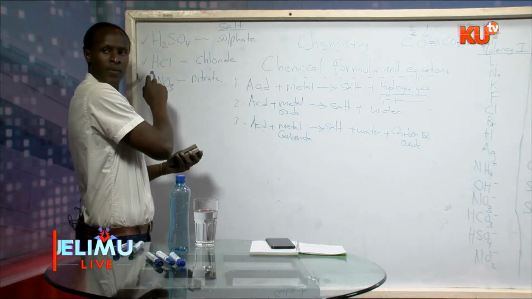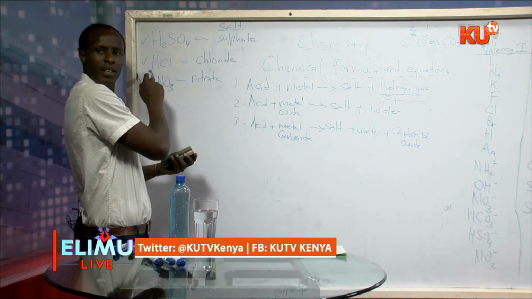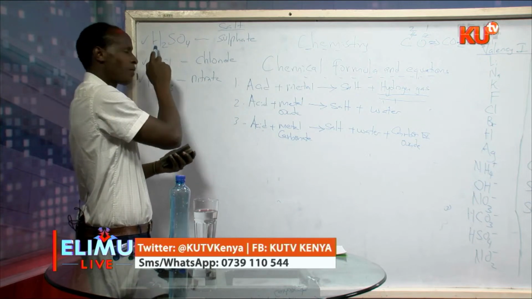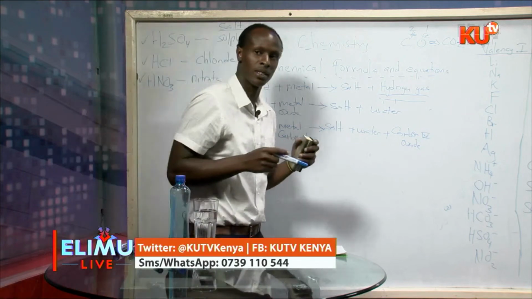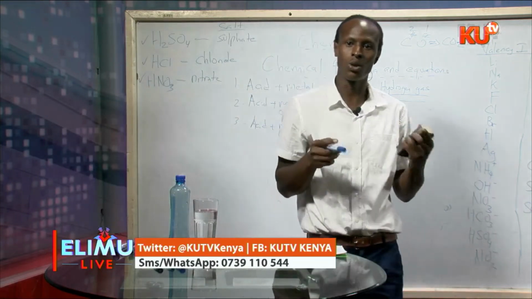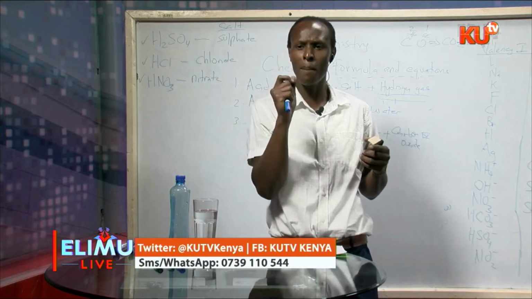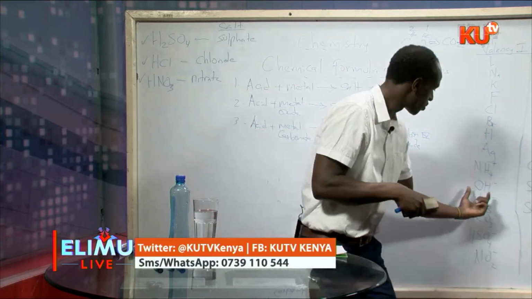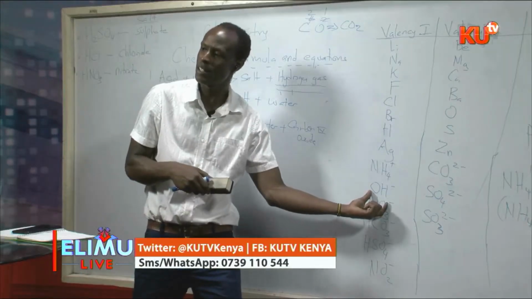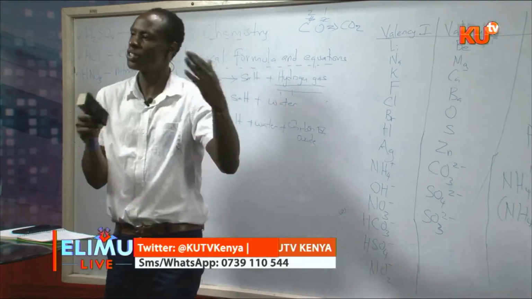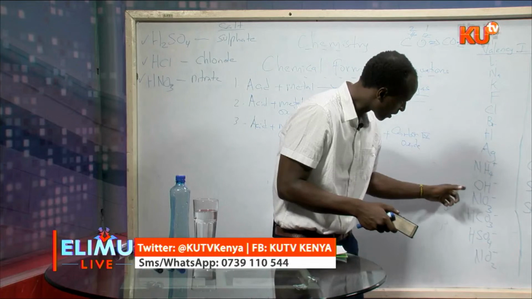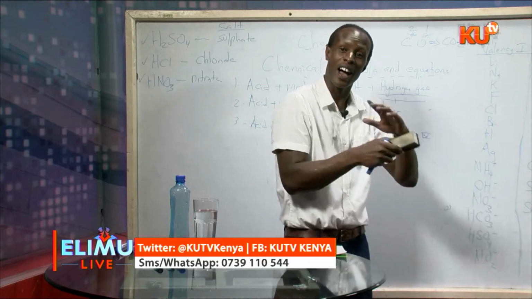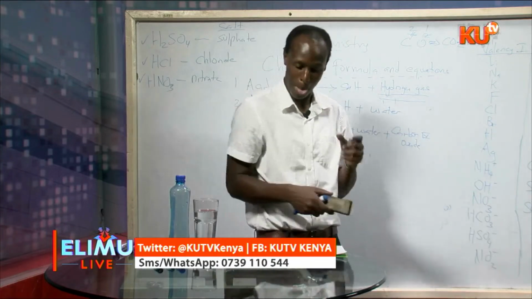For something to be classified as an acid, it must have the element H, hydrogen, like H2SO4. Same thing with bases or alkaline solutions. For anything to be a base, it must have the hydroxide ion, OH. Calcium hydroxide is a base, sodium hydroxide is a base, zinc hydroxide, aluminum hydroxide, provided it has the name hydroxide.